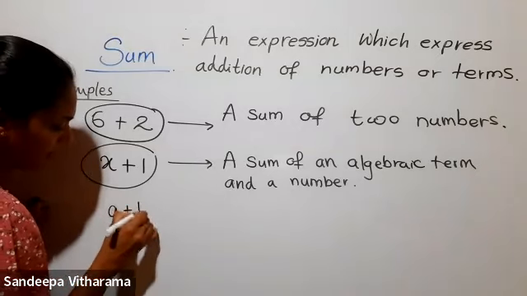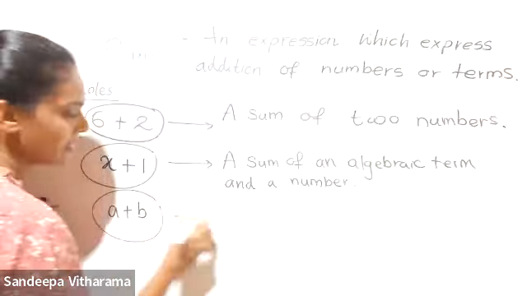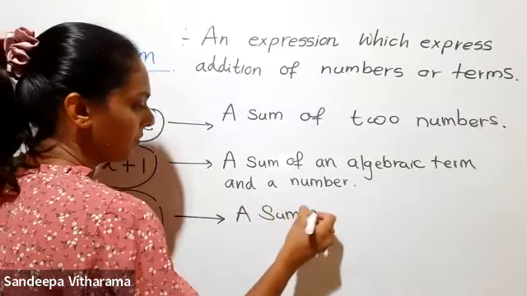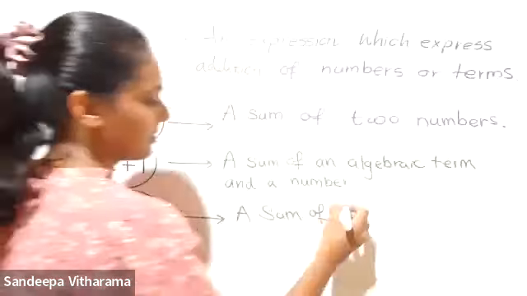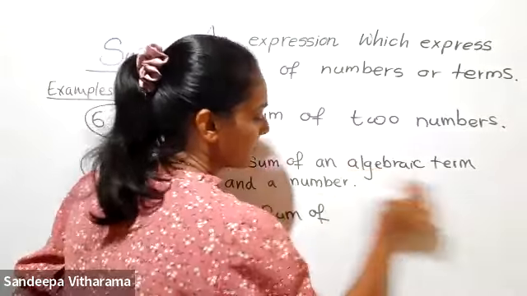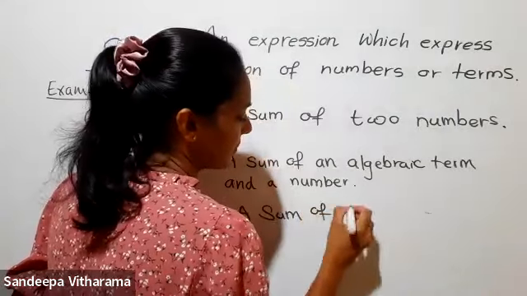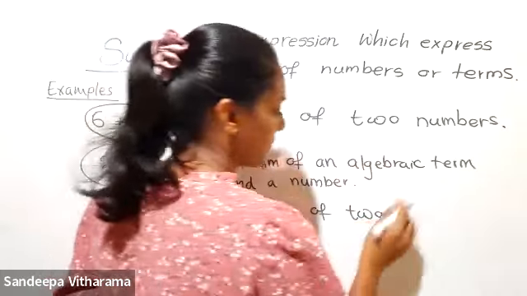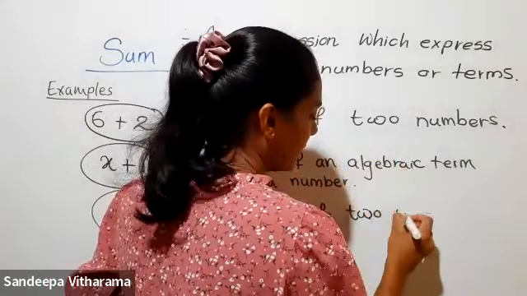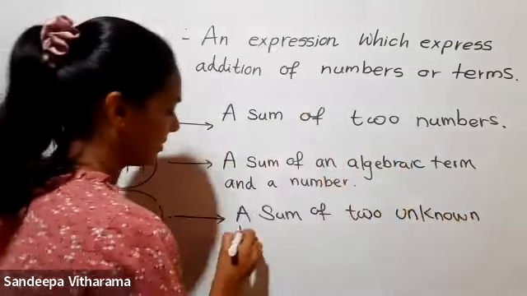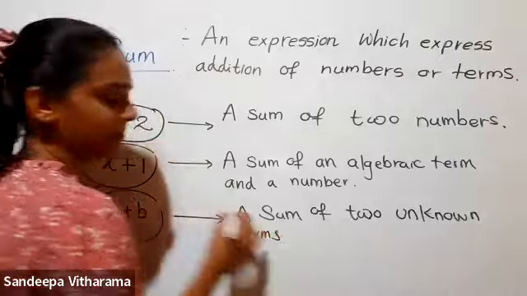Next I will take a is added to b. This is what we call a sum of two algebraic terms. So I can say a sum of two unknown terms. This is also correct. Doesn't matter.